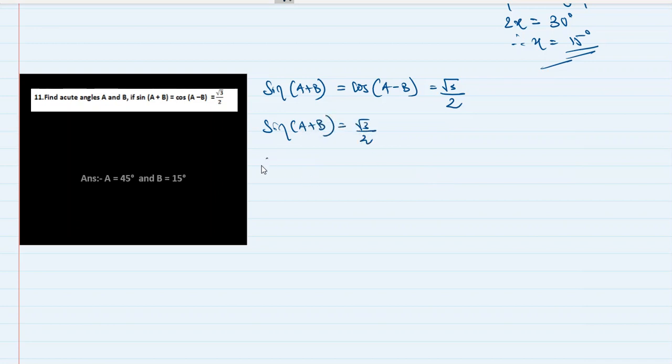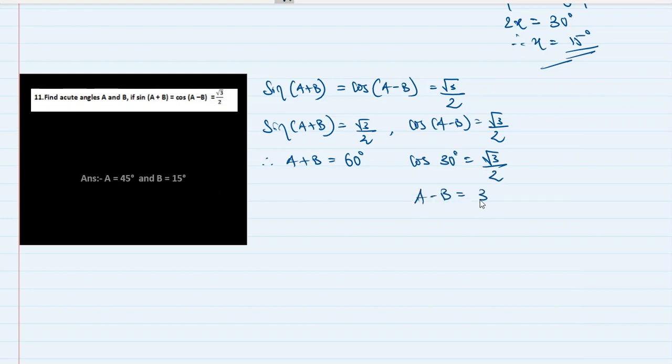That means A plus B must be 60, because sine 60 is root 3 by 2. Also, cos of A minus B is root 3 by 2. So cos 30 degrees is root 3 by 2, and A minus B should be equal to 30 degrees.